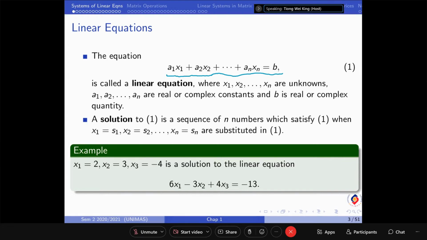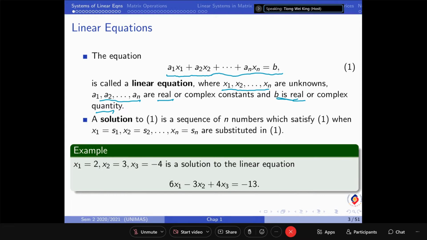This is called a linear equation, where x1, x2, until xn are unknowns, a1, a2, a3 until an are real or complex constants, and b is also a real or complex quantity. But mostly in our course, we only focus on real numbers. The complex case we don't really focus on so much. There could be a question on it, but I doubt it. Normally we just deal with real numbers.